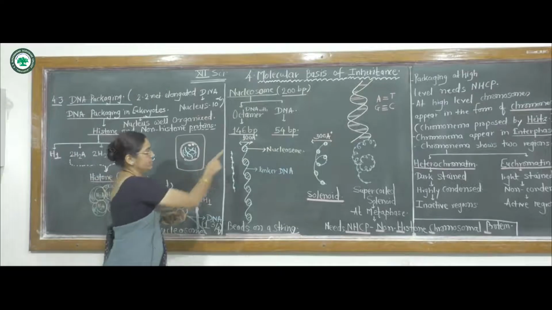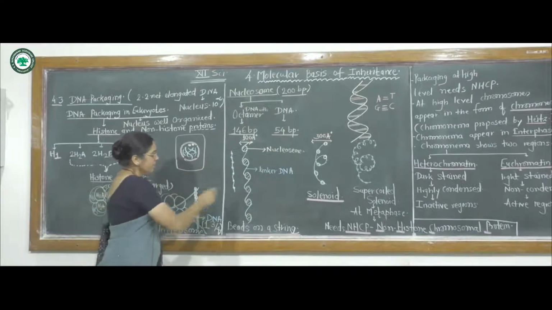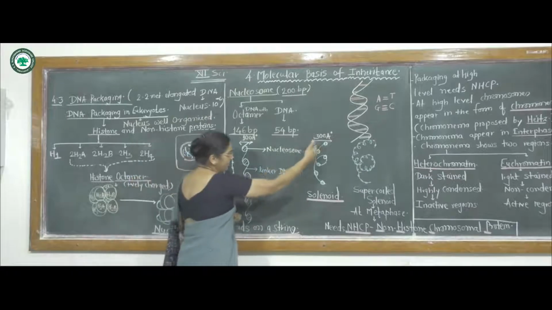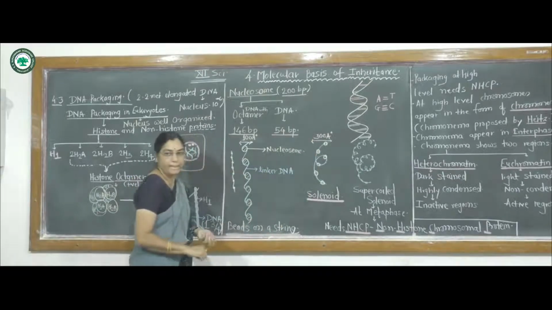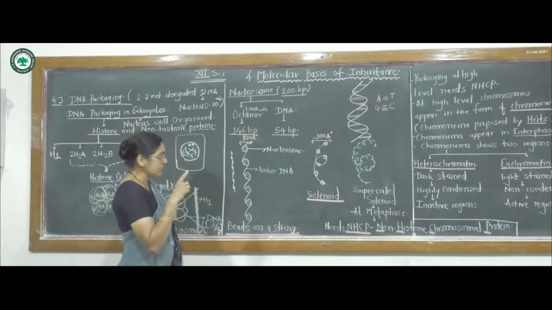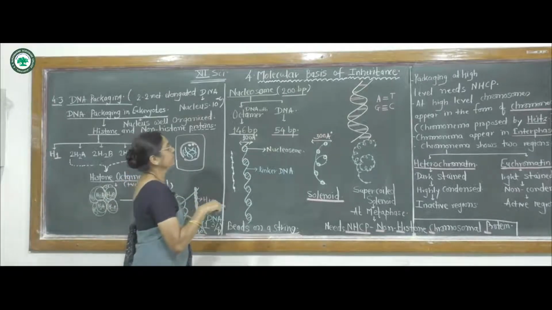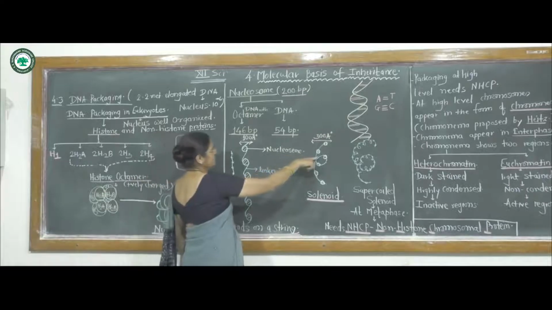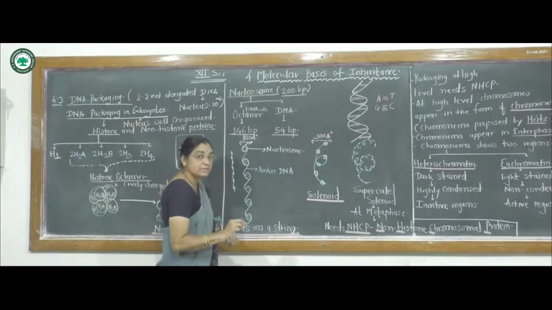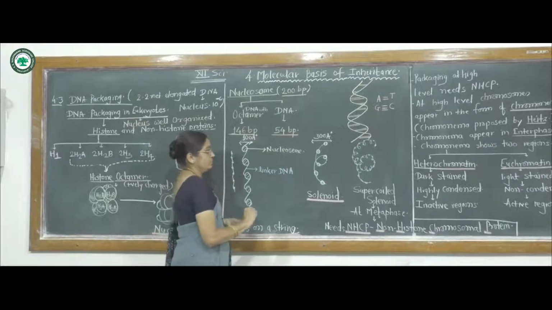Then the beads on a string get coiled around itself, nearly a single loop or single turn of coiling, which shows the presence of nearly about 6 nucleosomes.